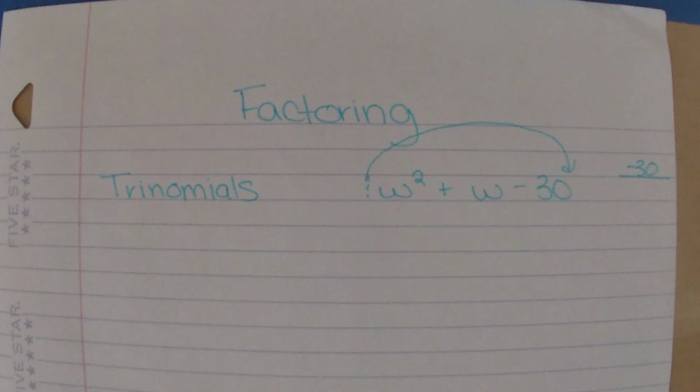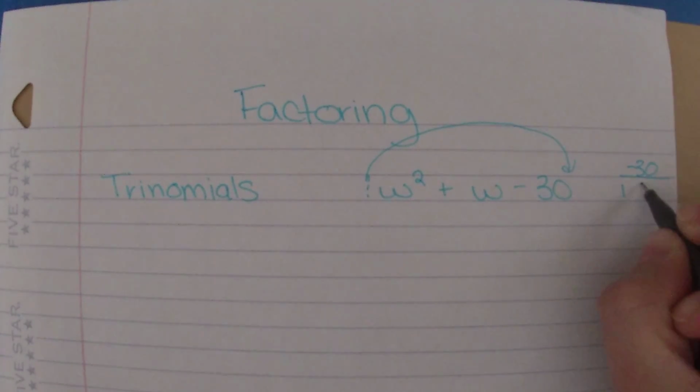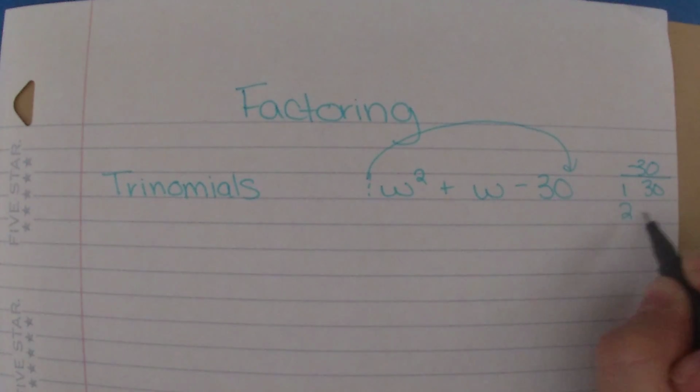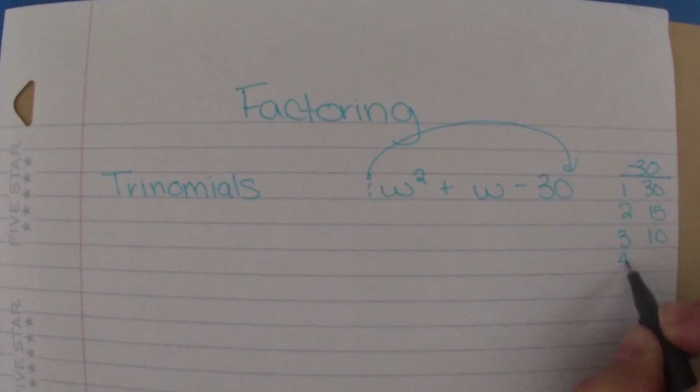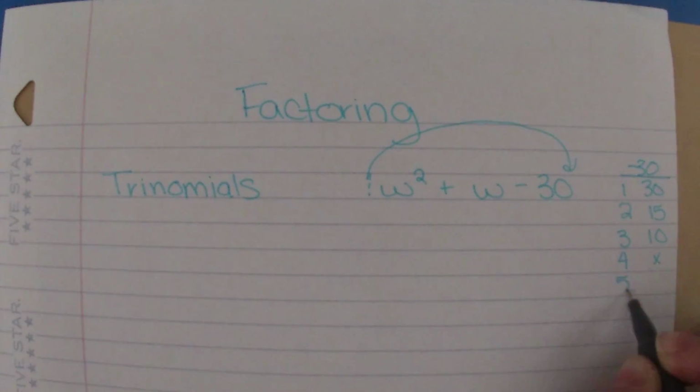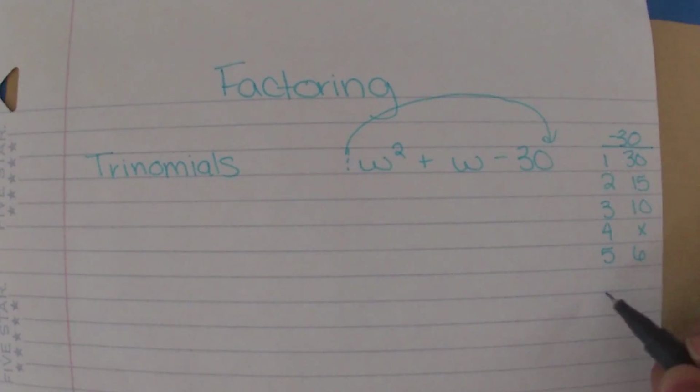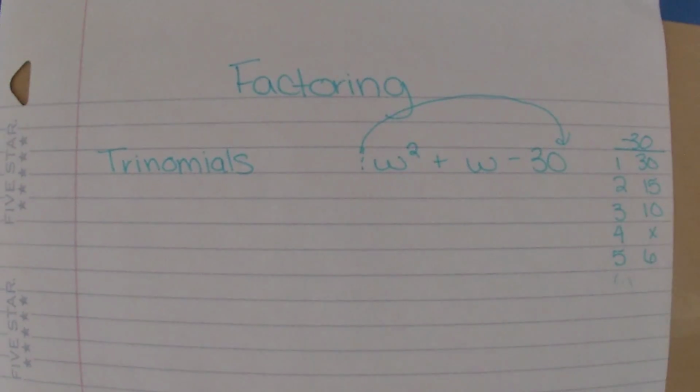Once we get that value, we ignore the negative for a minute and think about types of numbers that multiply up to 30 to start with. So we have 1 and 30, 2 and 15, 3 and 10, 4 and nothing, 5 and 6. The next number I would write down is 6, but it's already over here, so I know that I'm done. Then I need to figure out my signs.